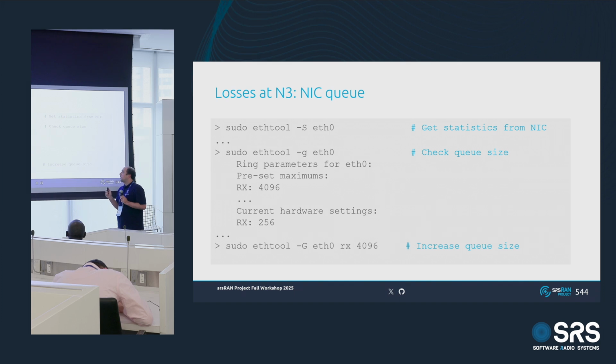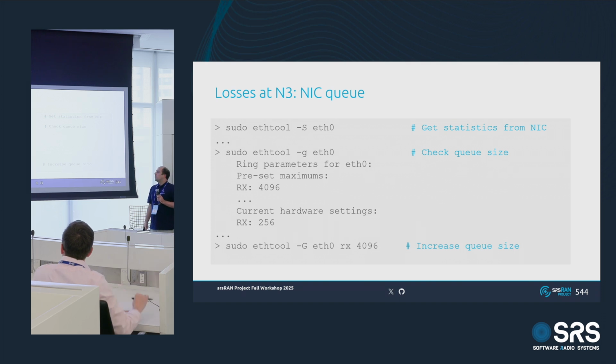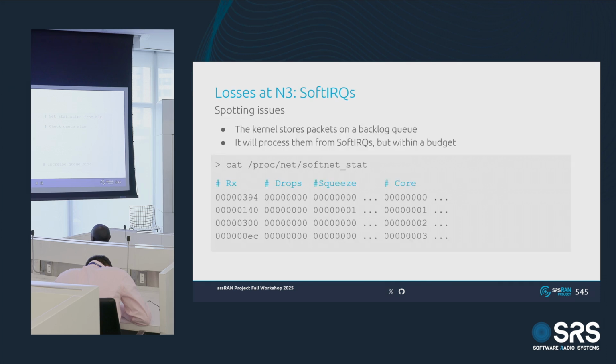So if you use the ethtool command, you can check for statistics of how many drops your NIC is having. And if you are having drops at the NIC queue, you can simply increase it. This is a fairly common problem, and it's also a fairly easy fix. But the entry has a lot of potential for drops, so that's not the only one.